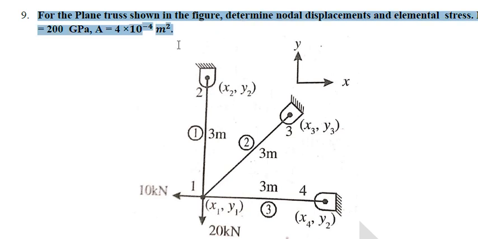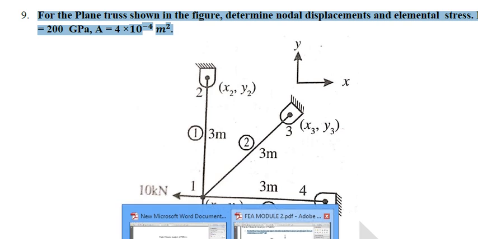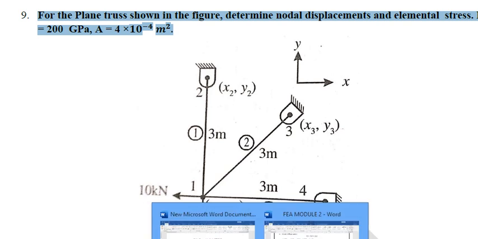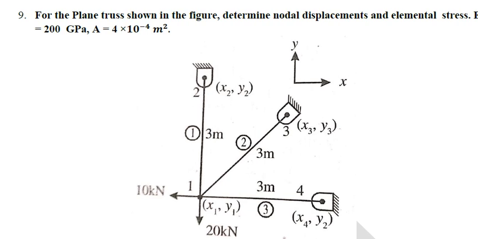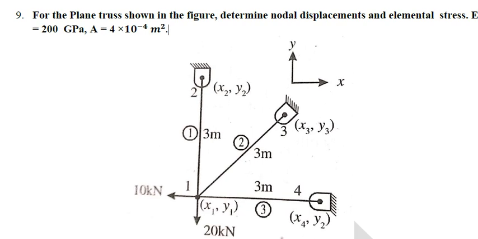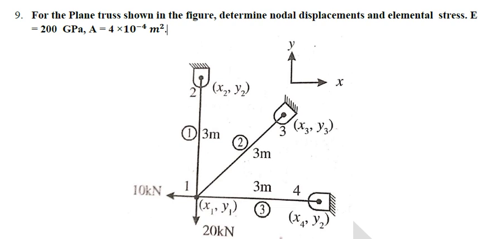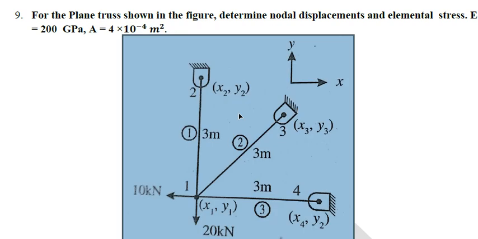E is equal to 200 GPa, and A is equal to 4 into 10 power 4 meter square. It is given in meter. If you observe the truss member shown here, all the dimensions are in meters.